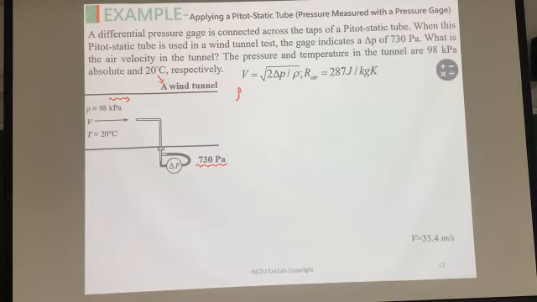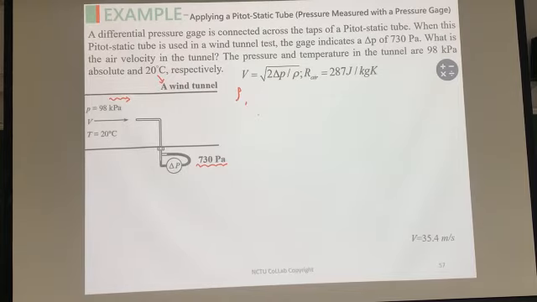So what is the question? The question only has the rho. We didn't know the rho in this problem. Because the medium is air, we need to follow the ideal gas law.